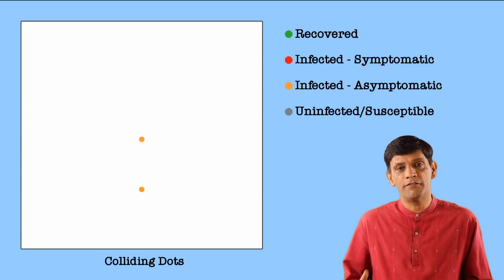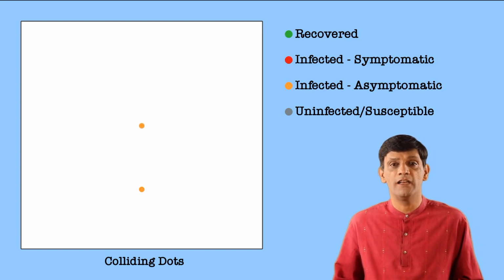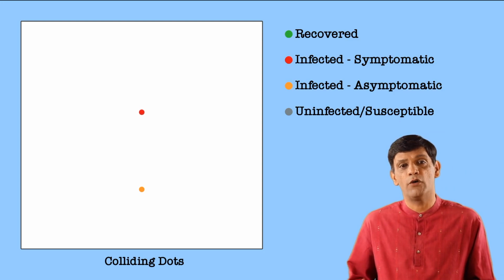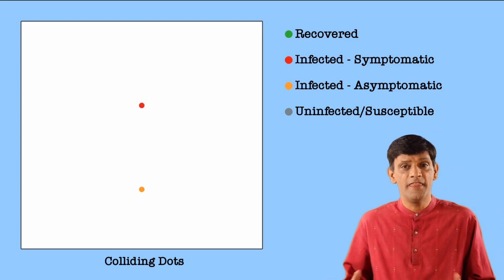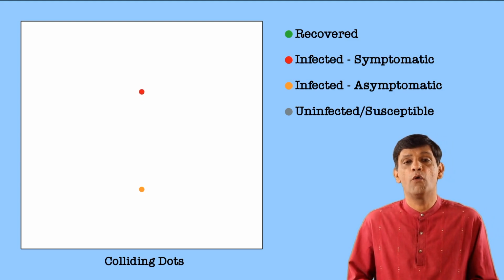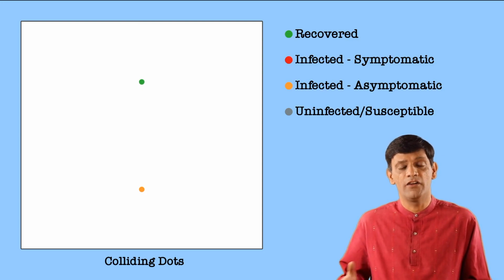After a random amount of time, the orange dot will change its color spontaneously to red, showing that the person has now developed symptoms. Then, after a random amount of time, the red dot will turn into green, showing the fact that the patient has recovered.